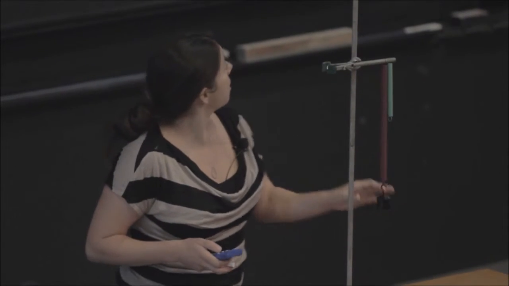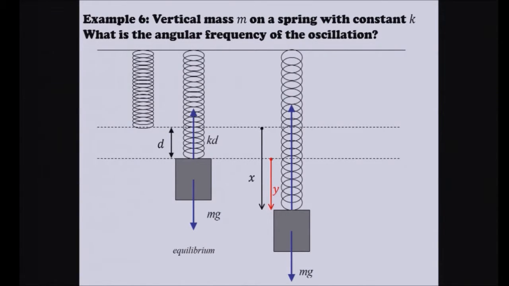Okay? The reason I'm doing that will be clear in a second. So you can see from this diagram that the total stretch of the spring equals d plus y, right? So if I take the derivative of that expression, what's the derivative of d? 0, it's just a constant, right? So if I take the derivative again, I'm going to get x double dot equals y double dot.